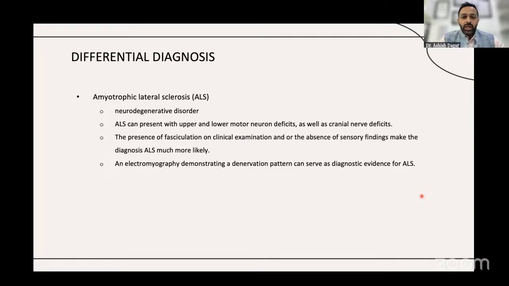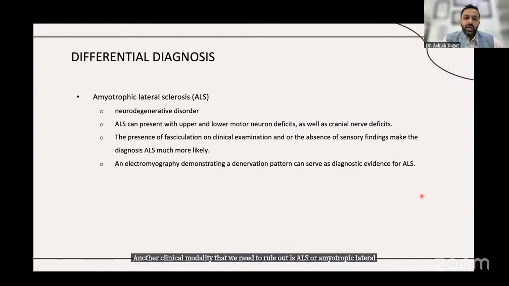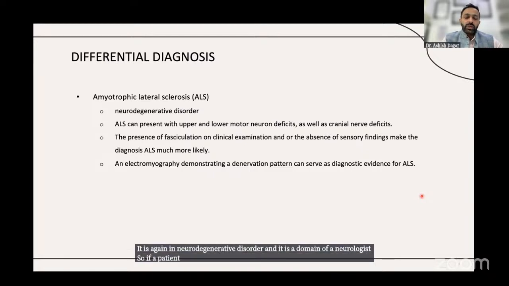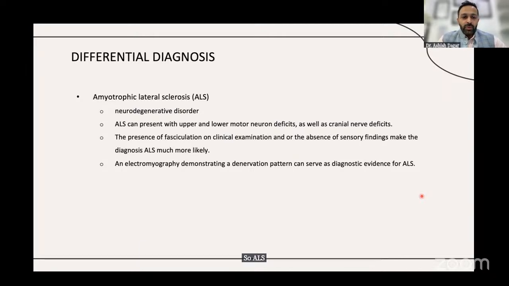Another clinical entity that we need to rule out is ALS, or amyotrophic lateral sclerosis. It is again a neurodegenerative disorder, and it is the domain of a neurologist. So if a patient is presenting to us, we need to diagnose it clearly, and if it is present, it is better to involve our neurologist friends. ALS is particular because it has both UMN and LMN signs.